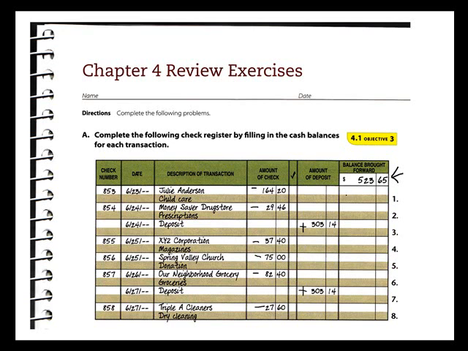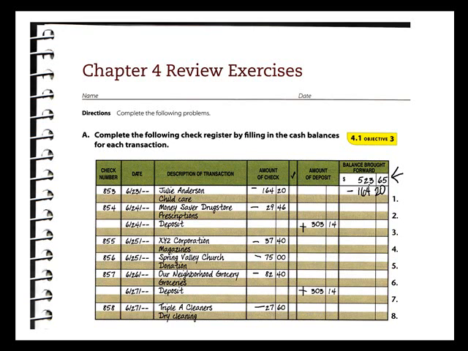The way that they're using the two lines here, they just bring their check amount over and have 164.20. They rewrite it, and then they bring their balance.